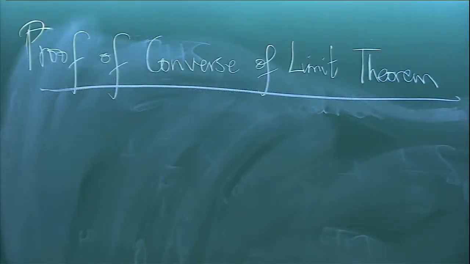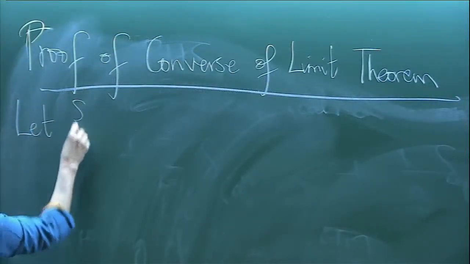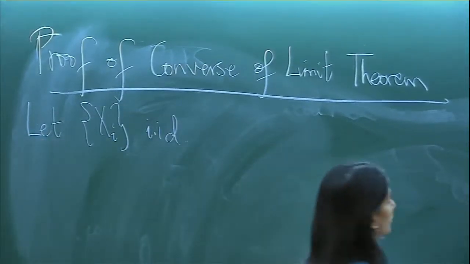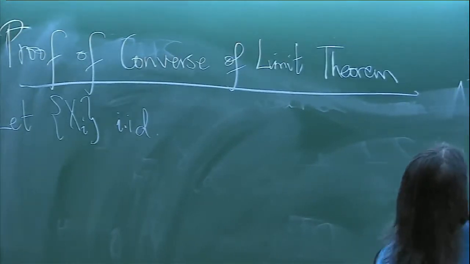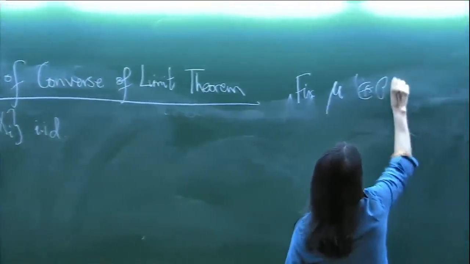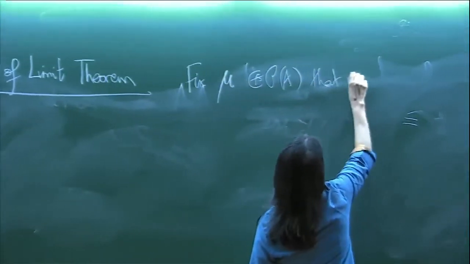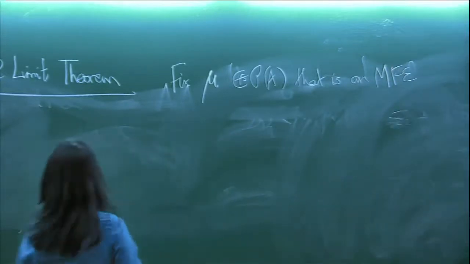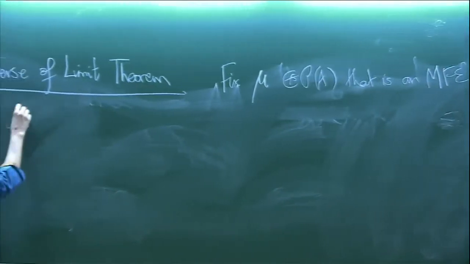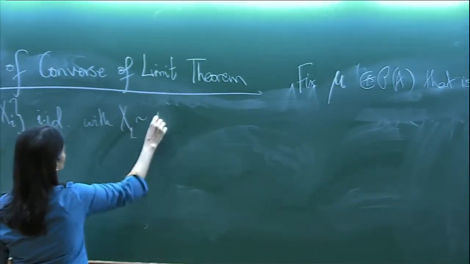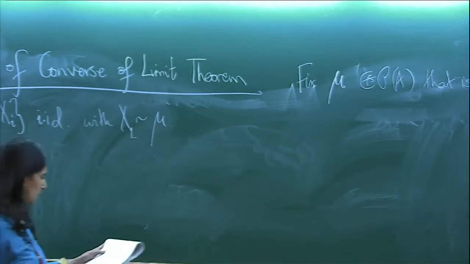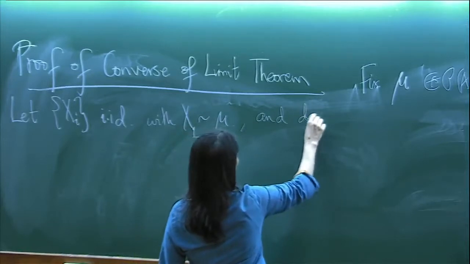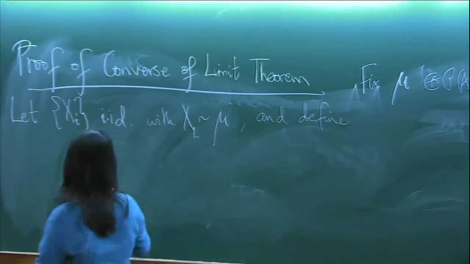Okay. So what I'm going to do is first start with xi's. So let's say I fix first mu, which is in F. Right, we start with knowing that we have some mean field equilibrium. And then I'm going to take xi IID with distribution mu. They're action valued, defined on some probability space. And now I define the empirical measure.